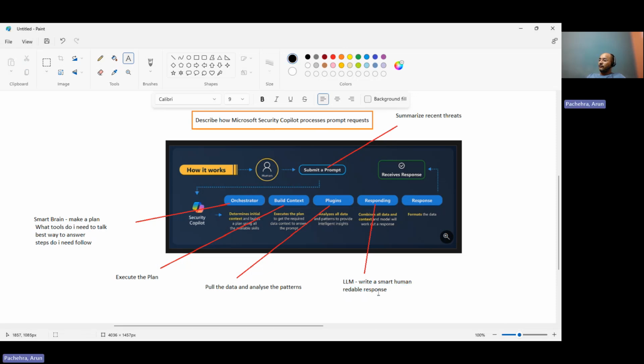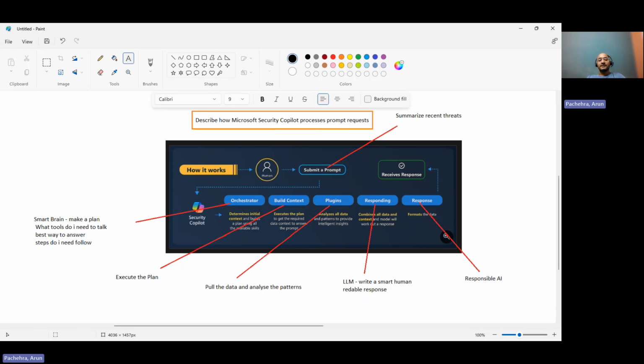Now we already have the response with us through the LLM in a smart way, all the data inside we have, but here there is one more step which is called response. And if you're wondering how it is different, here we need to align with responsible AI, right? So it will filter all those things which are not supposed to be there as per responsible AI, and provide you a response, right?